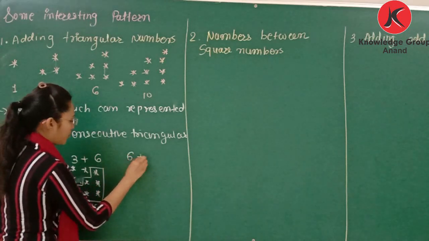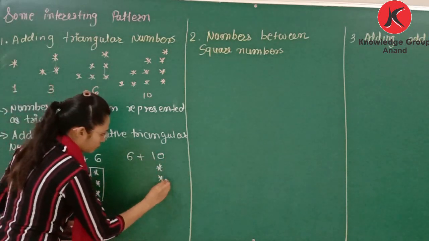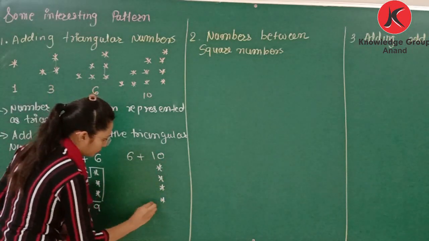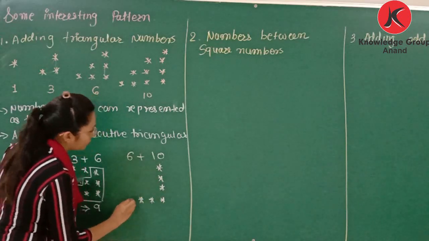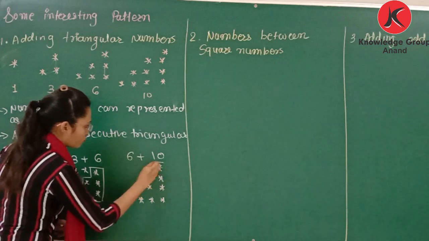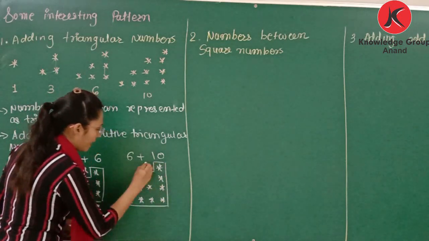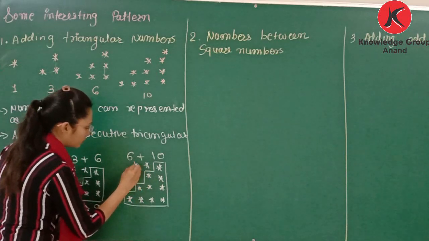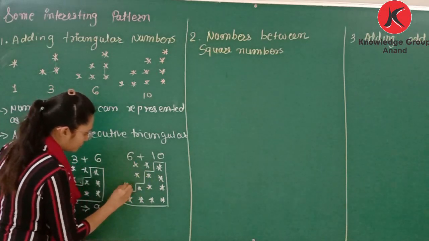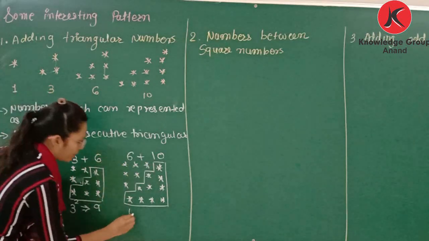6 plus 10. So this is the pattern for 10. And add 6 into that. So you will get 4 square.